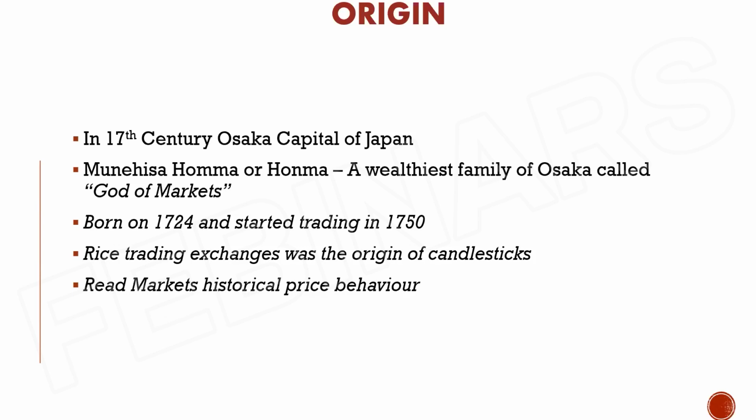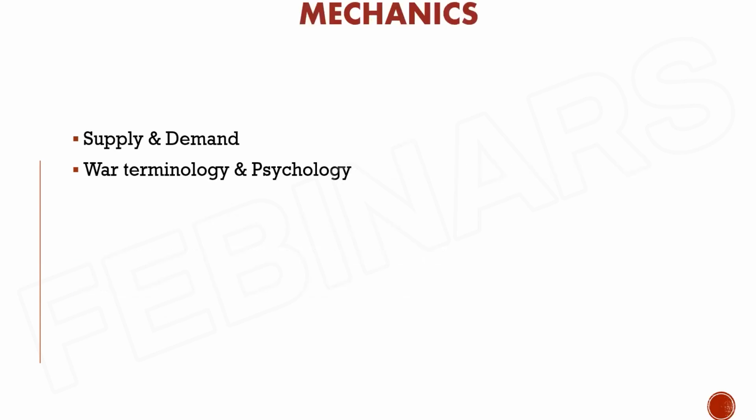In 1724 he started, and began trading in 1750. Rice trading exchanges were the origin of candlesticks. So the candlestick started from Japan. He read the market's historical price behavior and used to do it using those patterns. So that's a brief history of the candles.